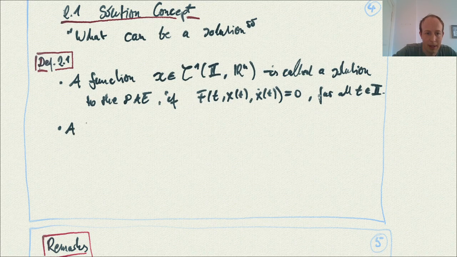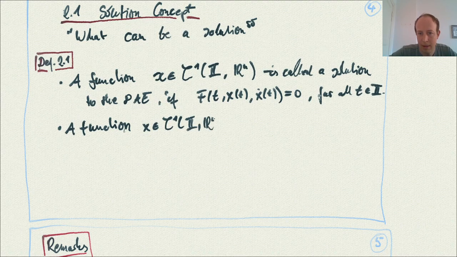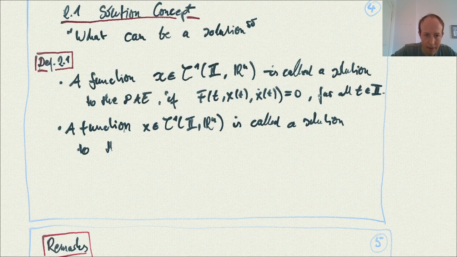Because now a function x, again a possible candidate function to R^n, is called a solution to the initial value problem, which is now more than that.